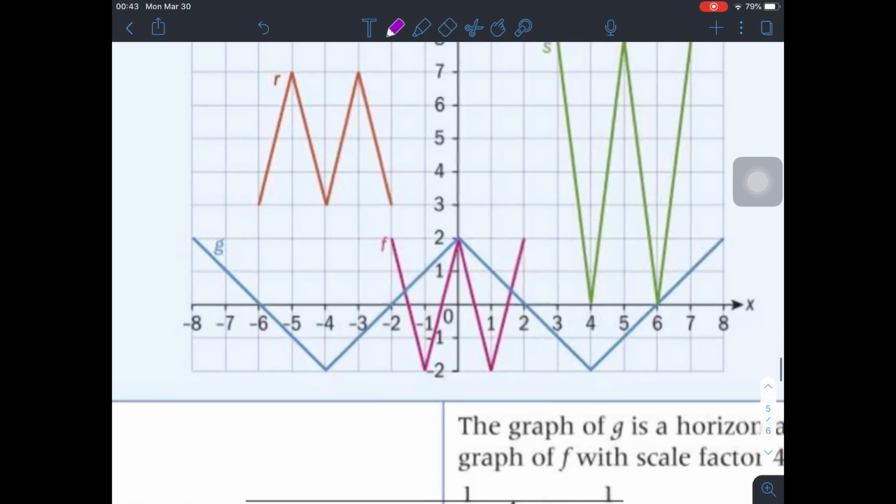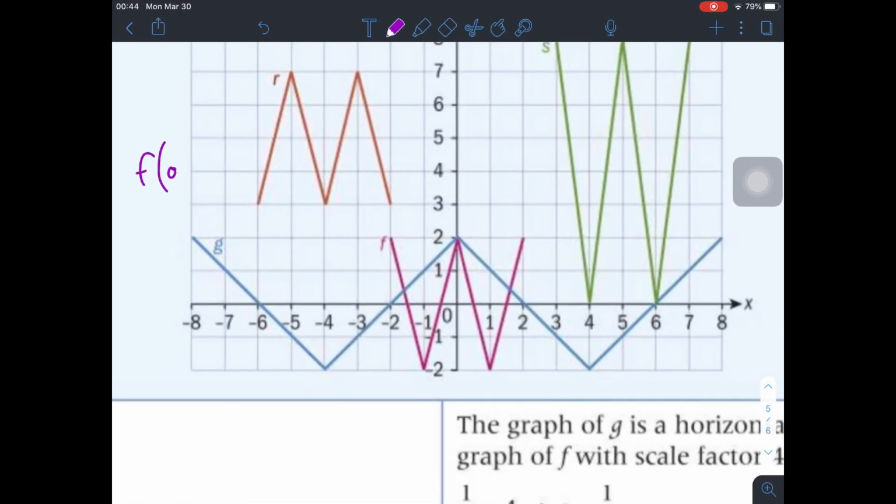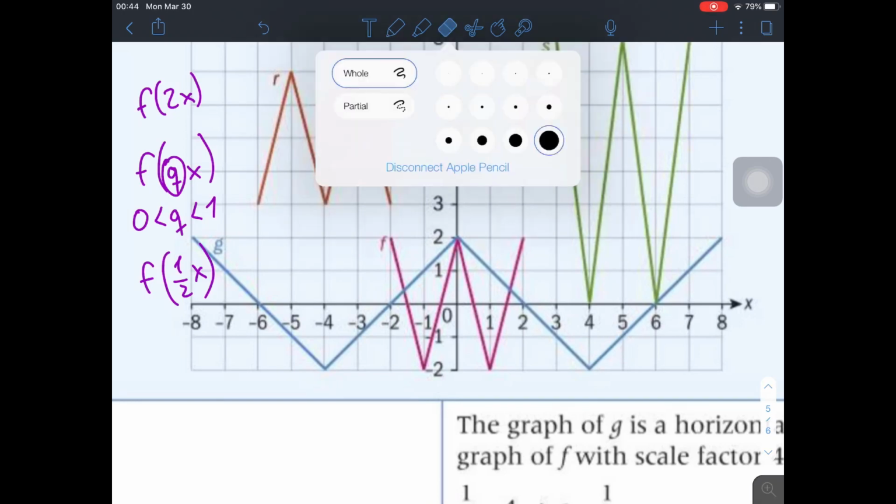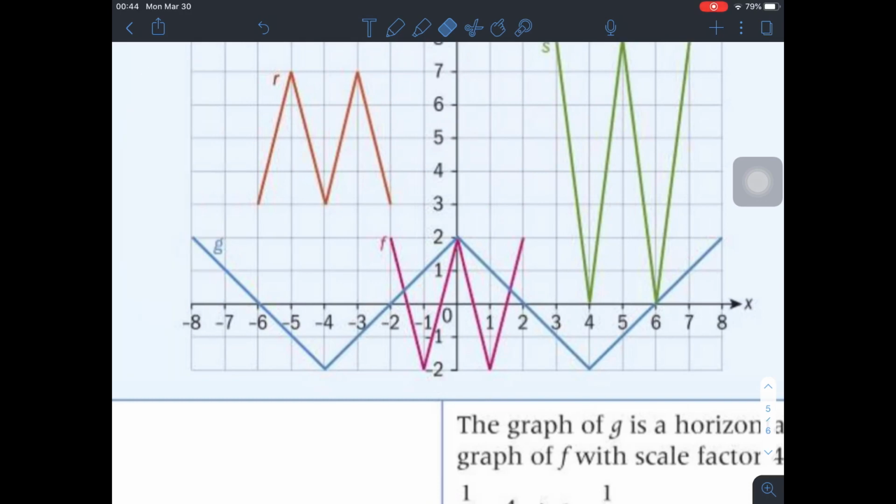In order to have a horizontal stretch, I remember that it's this case, f of qx, where q should be a number between 0 and 1 in order to make a stretch, okay? Remember that f of 2x made a compression towards the y-axis. So, for example, f of 1/2 x would make a horizontal stretch, okay, which is what I want for this exercise.